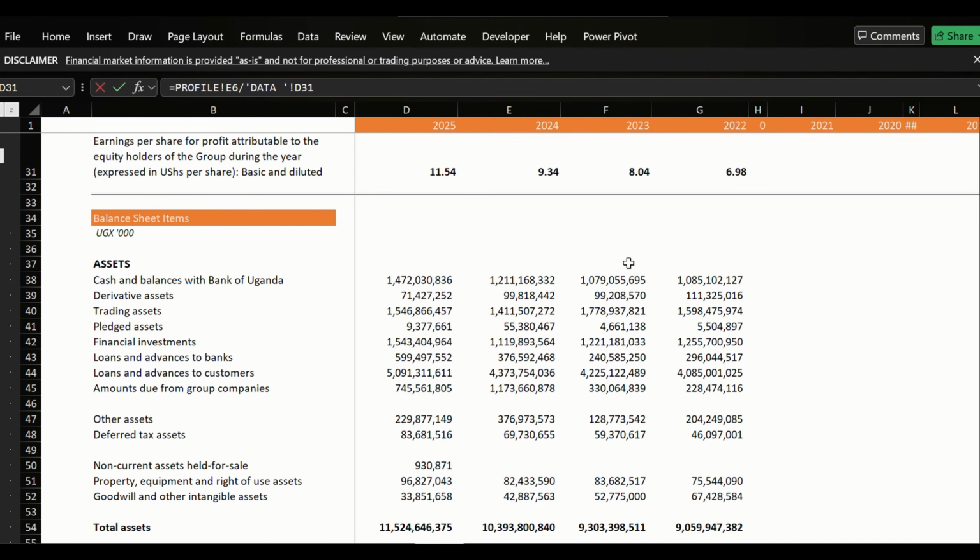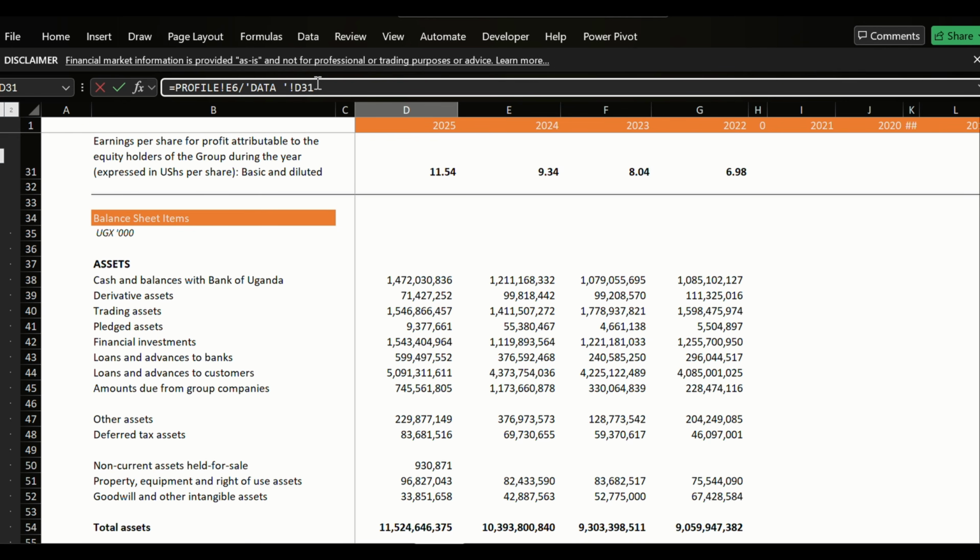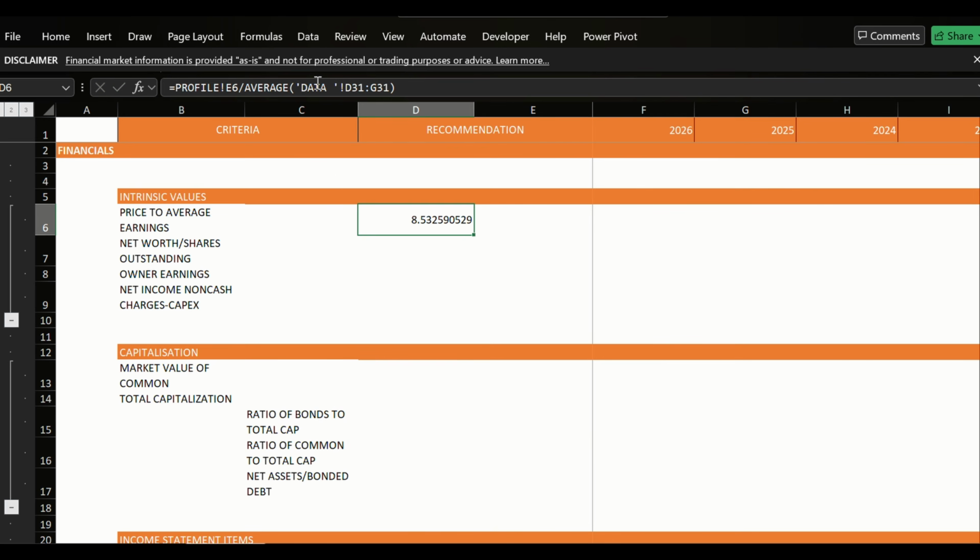Get back into the tab here. I need to use average data to get off. It's one.